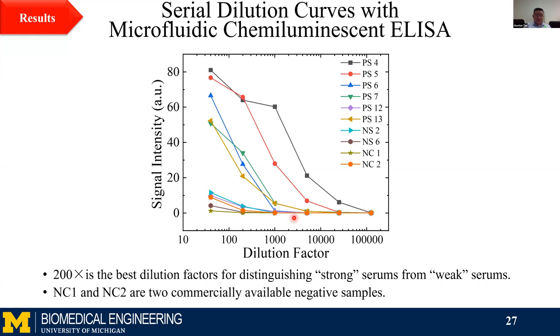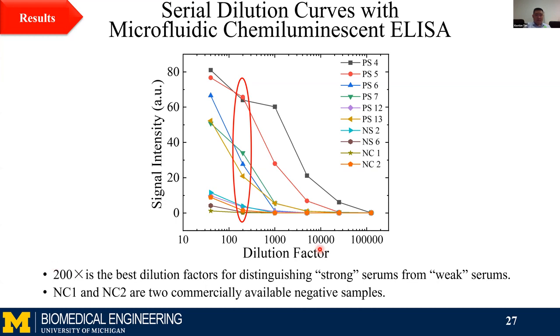From this result, it's very clear that if you want to identify the best donor for convalescent serum therapy, we need to dilute the serum 200 times. Here, you can easily distinguish the strongly positive samples from the medium positive samples and the negative samples. So we decided to use 200-fold as the dilution factor in our future assays.